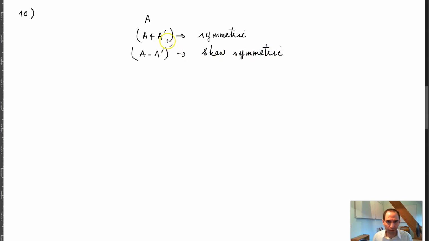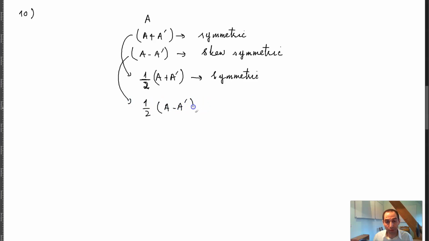And we proved that, based on the same logic, you can say that one half of, or any other scalar multiplied by the matrix, but specifically 1/2 of A plus A prime is also a symmetric matrix, and 1/2 of A minus A prime is also a skew-symmetric matrix.